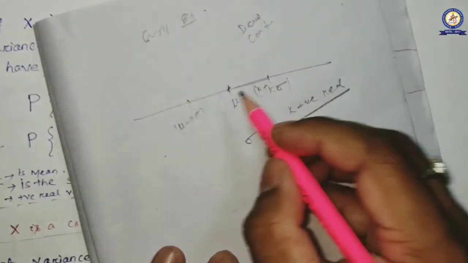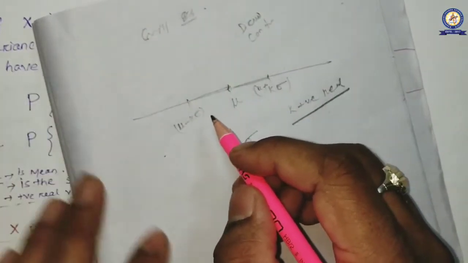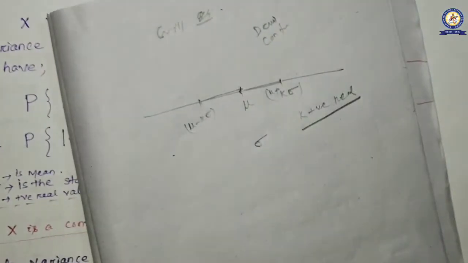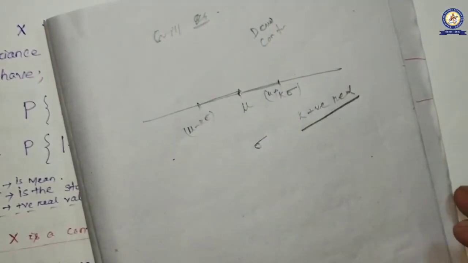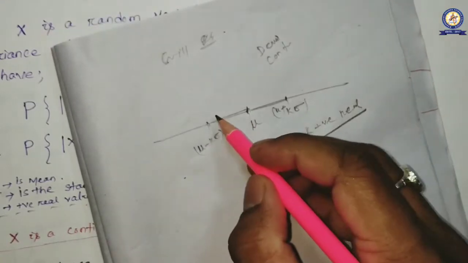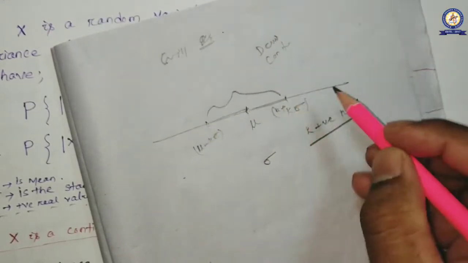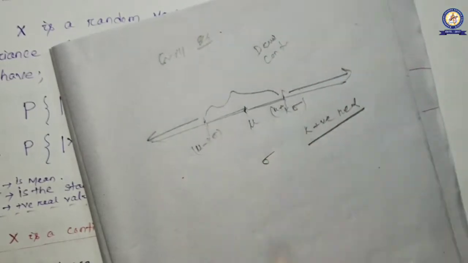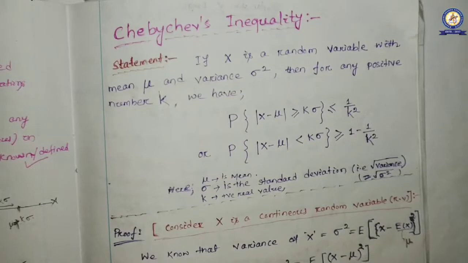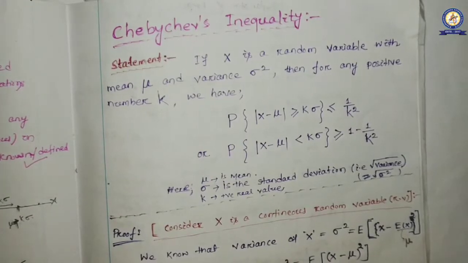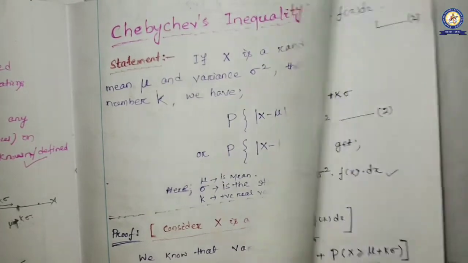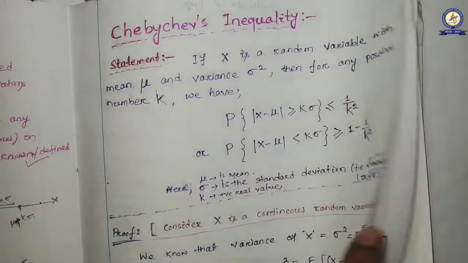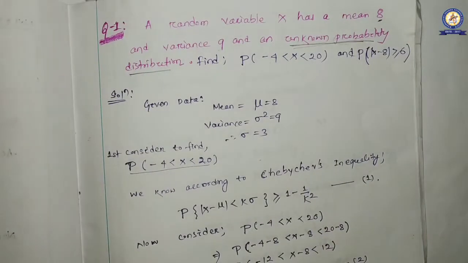Then by using Chebyshev's inequality, we can estimate the approximate probability either in between this range or beyond this range. So in this video we are going to solve 5 to 6 numericals using this inequality. So this is our first question.